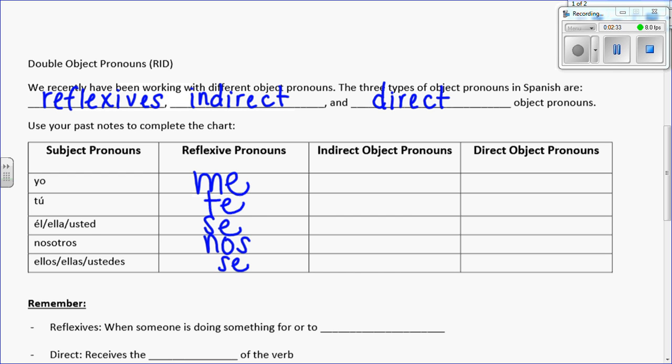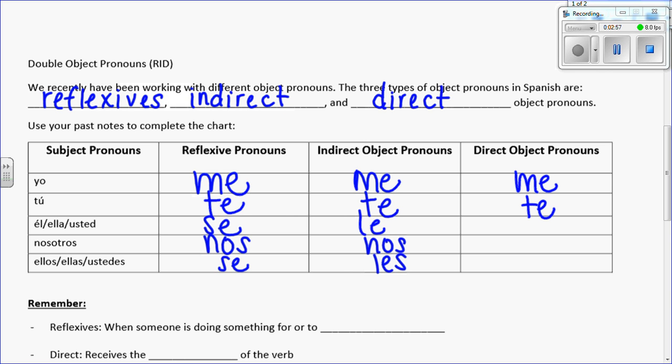Okay, indirect objects. We're going to have me, te, and what's my él, ella pronoun for indirects? Le, nos, and les. Okay, direct object pronouns. Again, we have me and te.